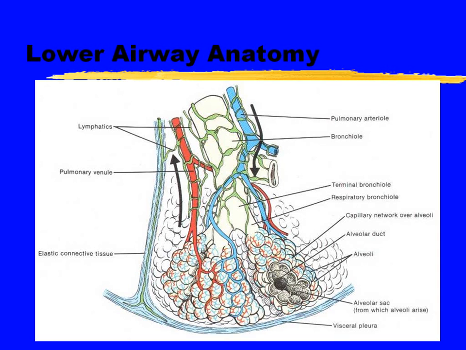Just a little tidbit there. Hopefully this won't confuse you. Here's your pulmonary venule and pulmonary arterial, and so forth. But the reason it's backwards is that it's just to feed the actual tissue of the alveoli.